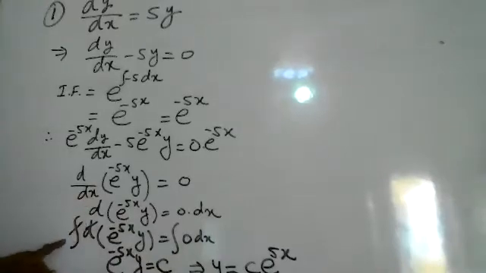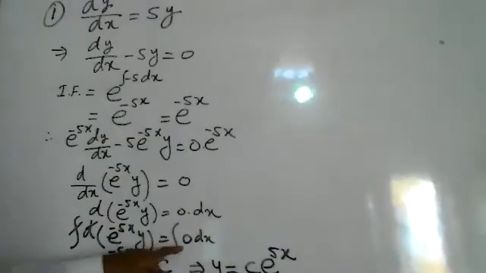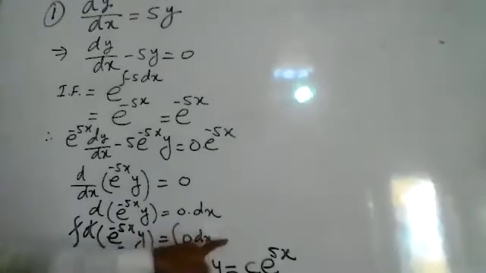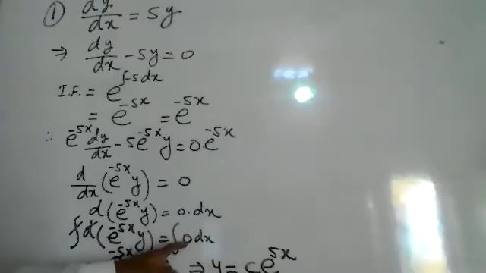Integrating both the sides, this derivative and integration are cancelled. The answer is e raised to power minus 5x into y. And here the integration of 0 with respect to x will be c. If there is some number, for example 4, it will become 4x, then plus c. There is no x, this is 0, the answer is c, the constant.